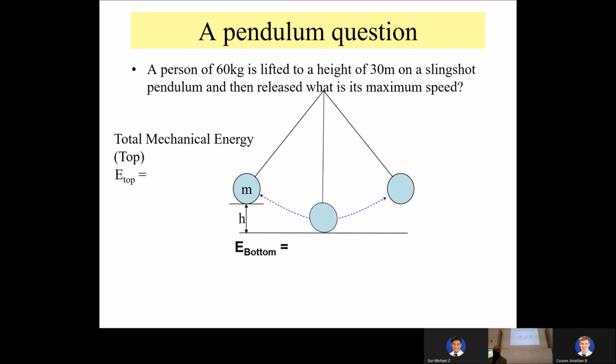All right, so there's the basic theory. Here's an example. A person of 60 kilograms is lifted to a height of 30 meters on a slingshot pendulum and released. Calculate the maximum speed. If you don't know how to do it, look at the previous page. Go for it.